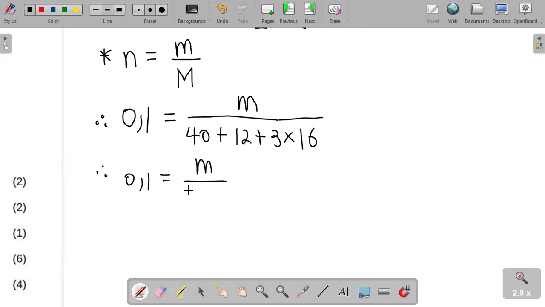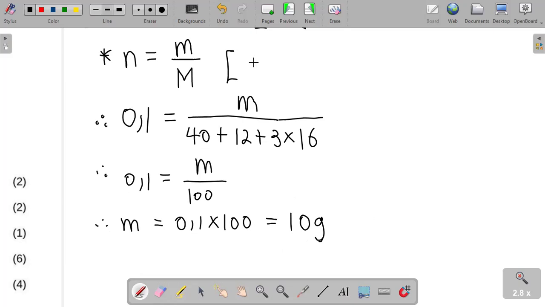It gives me 100. So then it means therefore M will be equal to 0.1 multiplied by 100. So then it's going to be 10 grams. Now this is the mass of the compound that we're looking for, because the number of moles that we're finding here is for calcium carbonate.